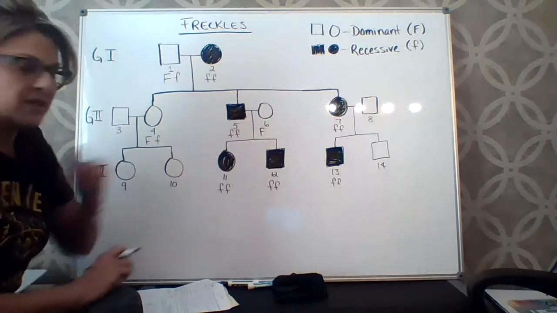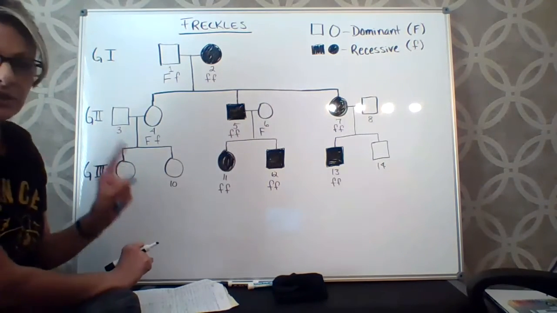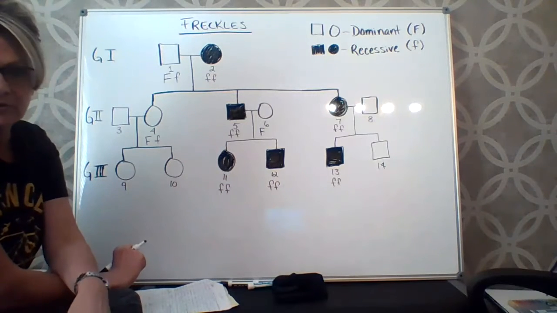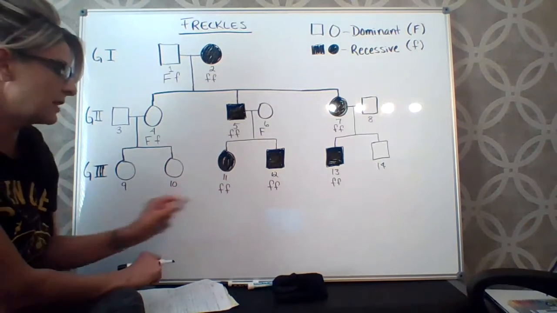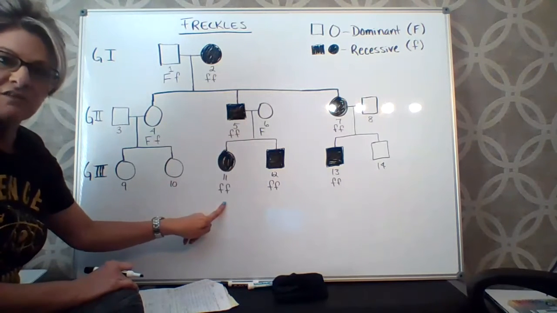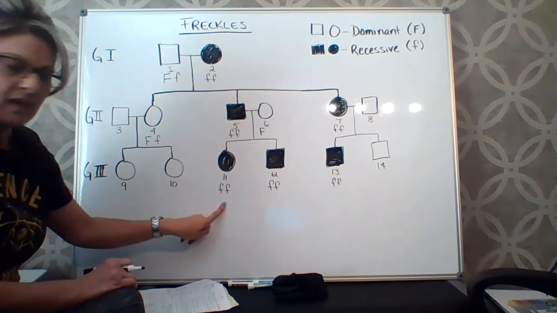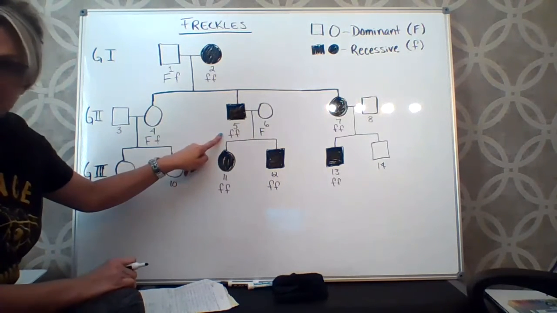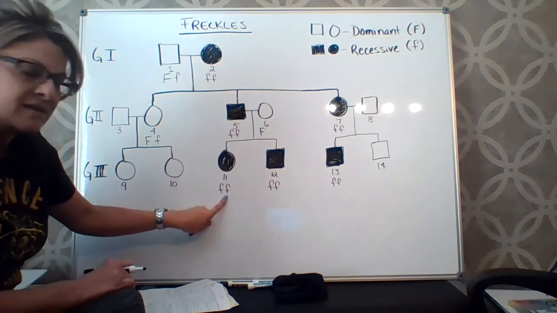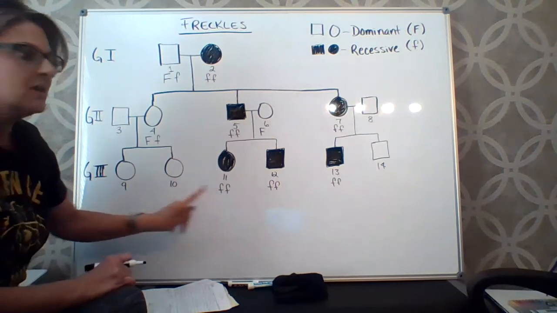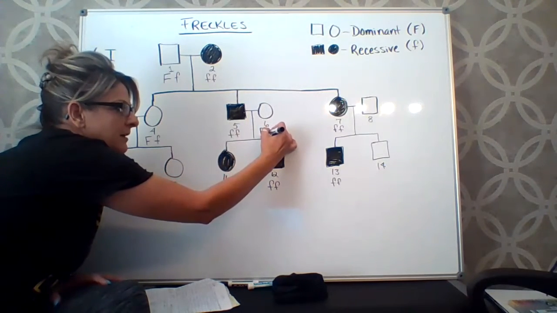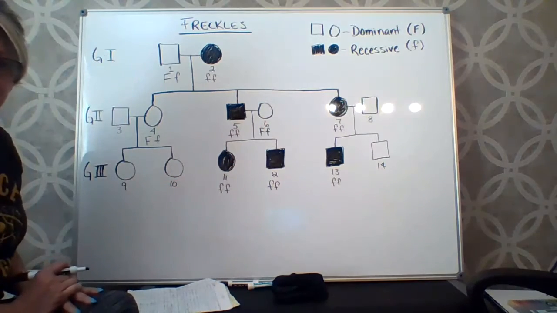I'm not quite sure what the other one is though. But if I look at their children, they have 2 children who both have freckles. And for both of their children to have freckles, both mom and dad had to give them a recessive gene. We know for a fact that we got 1 from dad because that's all he has to give. The other one must have come from mom. So mom must also be what we call a carrier or heterozygous.